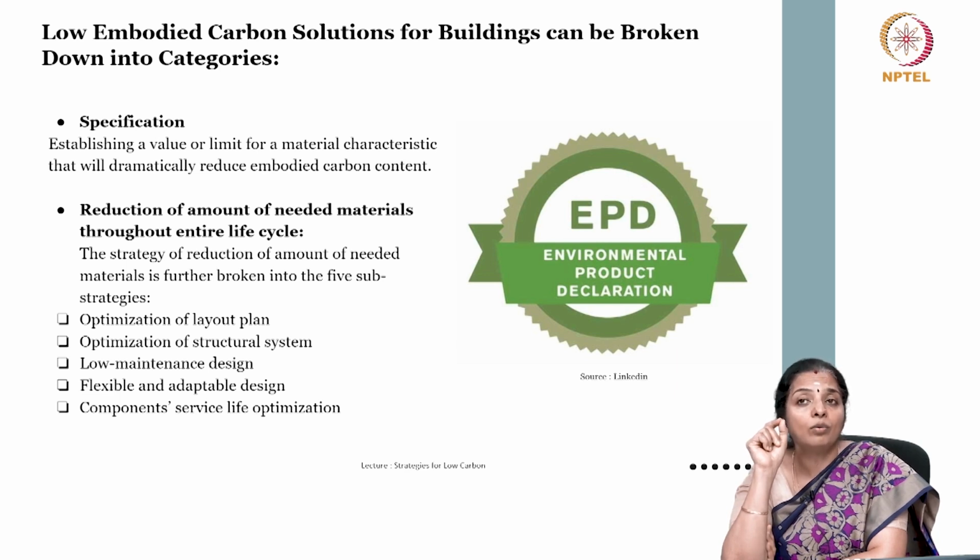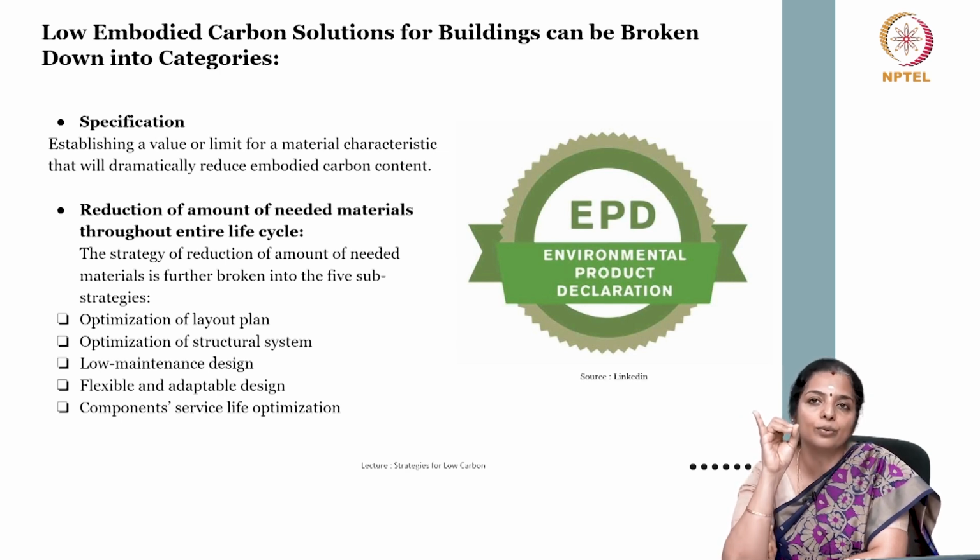Reduction of amount of needed materials throughout the entire life cycle. Now, the strategy of reduction of amount of needed material is further broken into other subcategories. That is optimization of layout plan, how big you want your building to be.